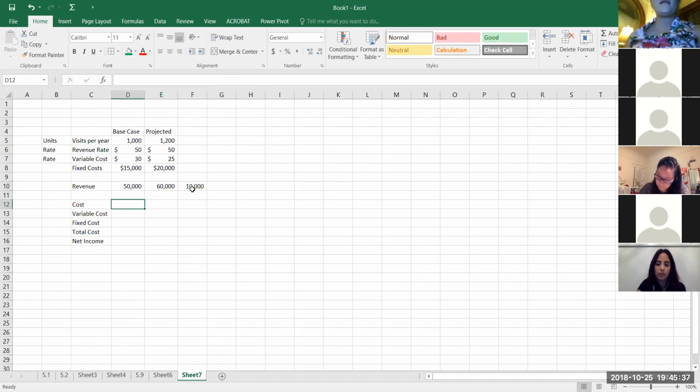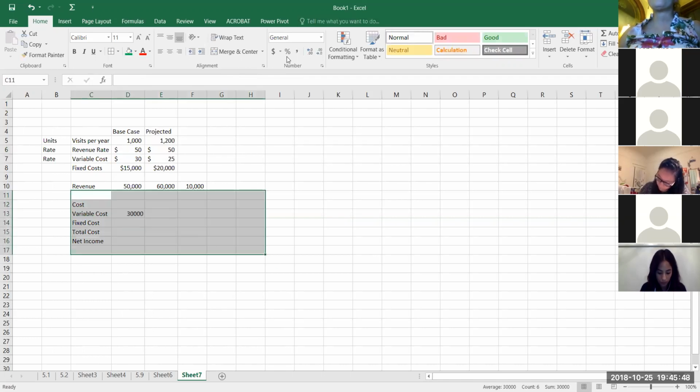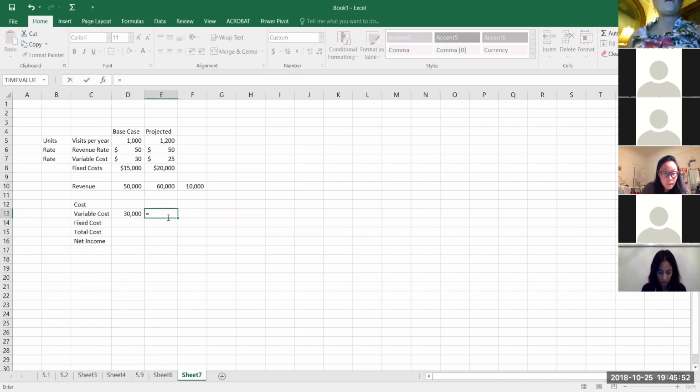Variable cost is going to be the 30 times the units again. And your variable cost on this one is going to be 25 times 1,200 units. Fixed costs in this example are 15,000, and in this example, 20,000.